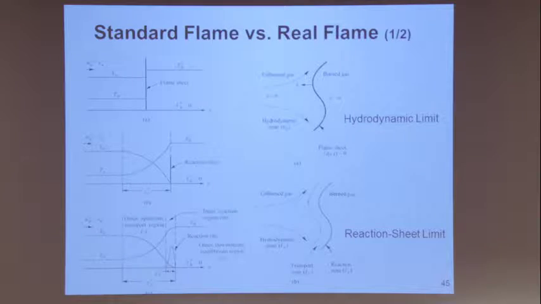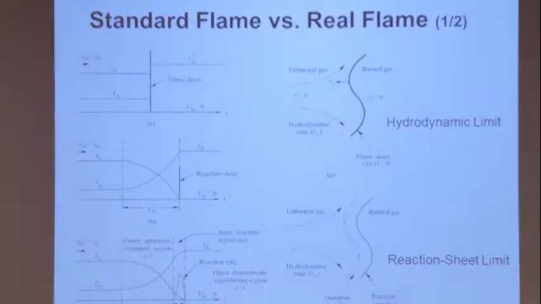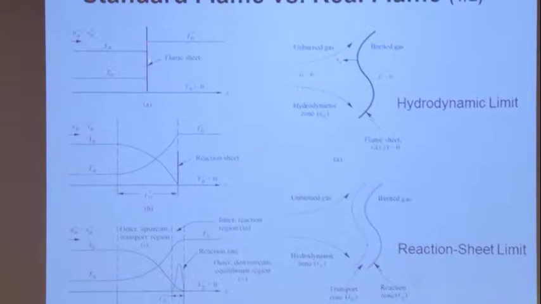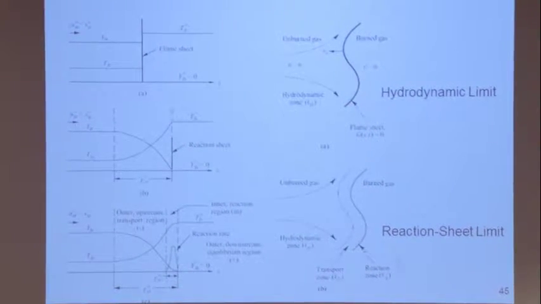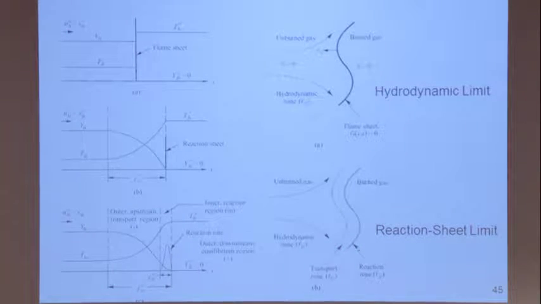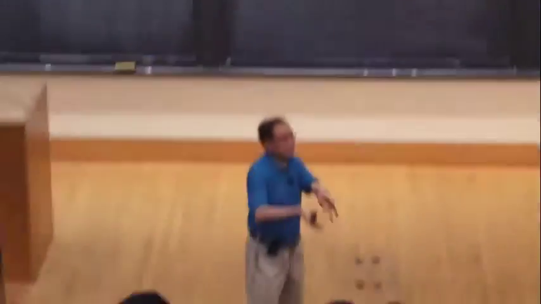Now, there are two limits, two situations you can look at. One, the same way we have looked at this, is the flame sheet limit for the fluid mechanics guys. For the fluid mechanics guys, I can have what's called a flame sheet limit, but we call it the hydrodynamic limit. The whole flame is a sheet, gets wrinkled.